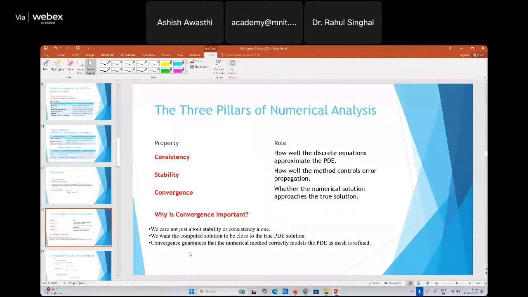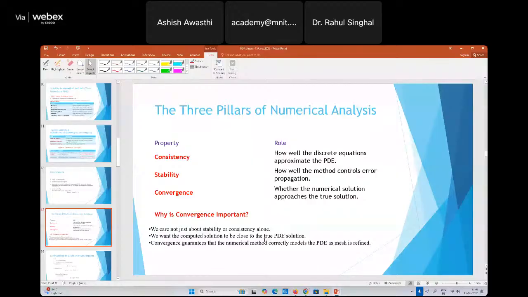So why is convergence important? We care not just about stability or consistency alone. We want the computed solution to be close to the true solution, because that is our ultimate goal, right? Consistency and stability are the building blocks, but they are not talking about the value of the solution. But convergence is telling about the solutions, isn't it? So numerical solution and true solution are matching.